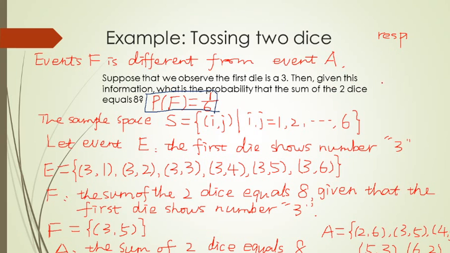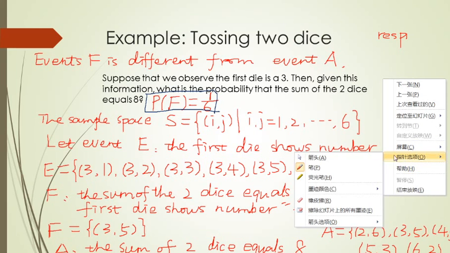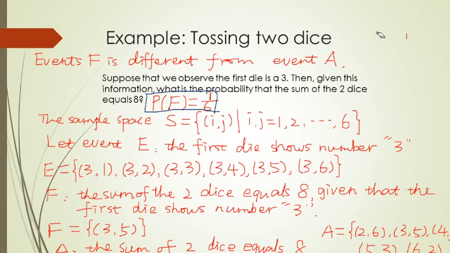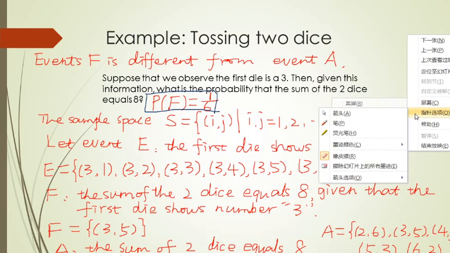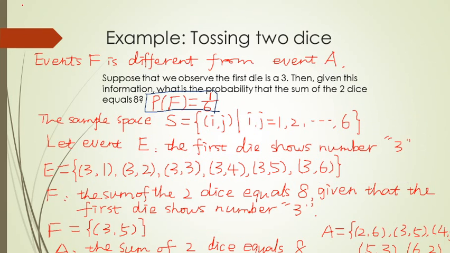Here actually we can represent the event F as the event A occurs given the condition that event E occurs.